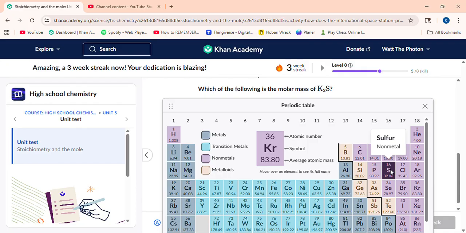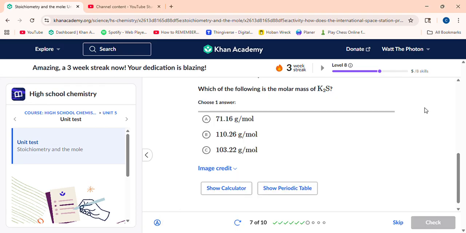And we multiply potassium times 2, so we get 39.1 times 2 is 78.2, and we add 32.06, and we get 110.26, which would be grams per mole.